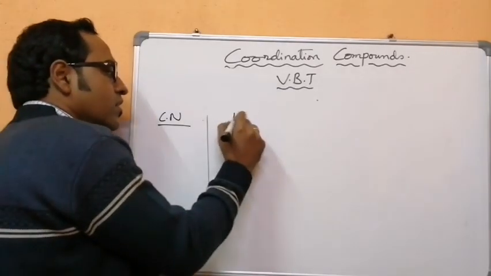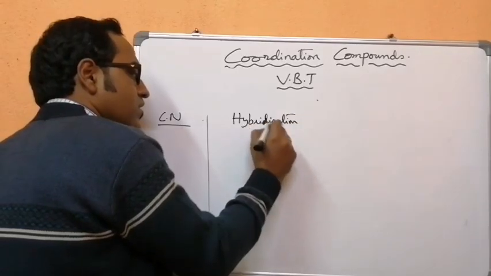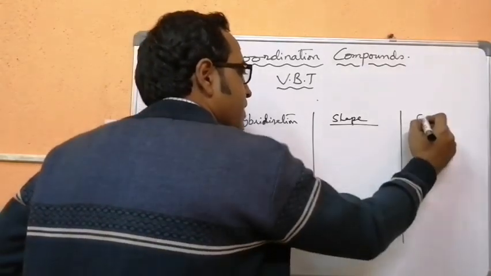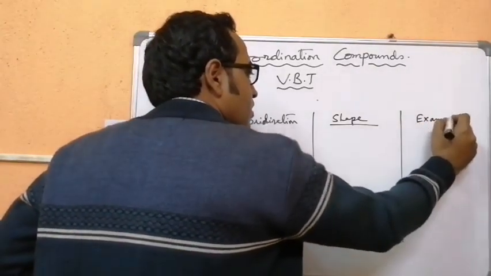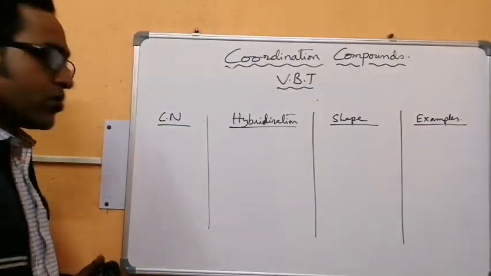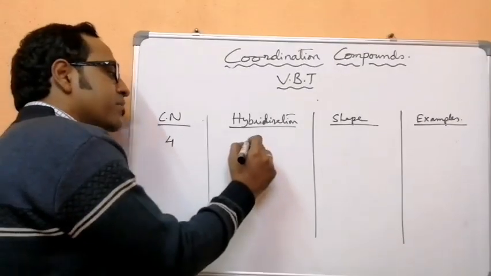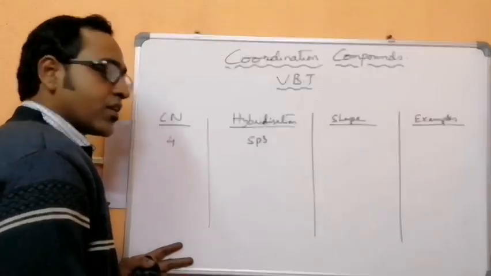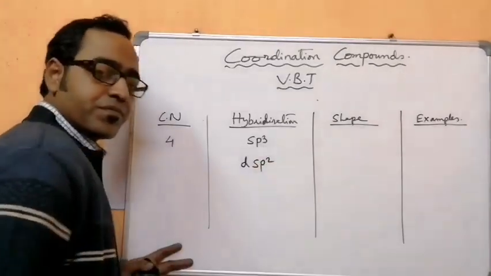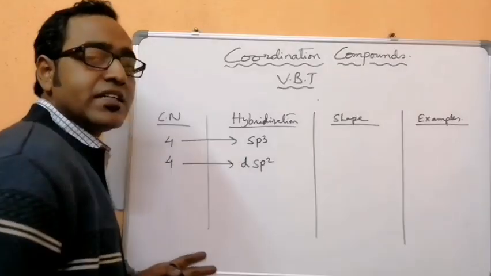Coordination number, hybridization, shape and examples. Now, for coordination number 4, the hybridization can be sp3 or dsp2.